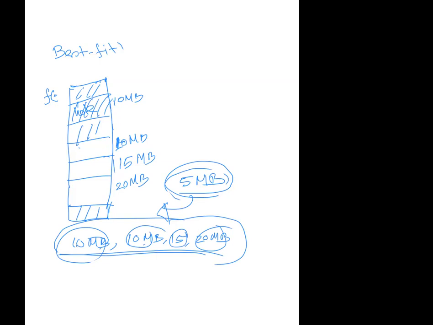So this is how best fit works. At first, it searches the entire address space, then figures out the holes that are enough to fit your current process, and from these it selects the smallest one. This is how best fit works.